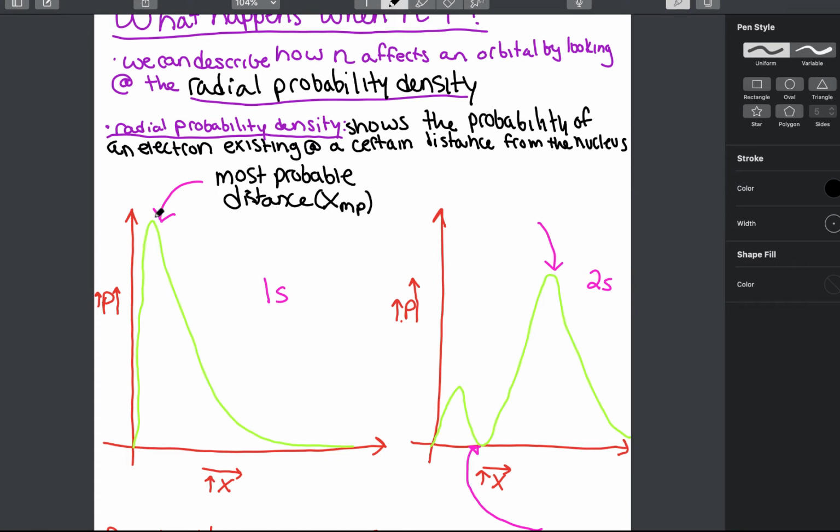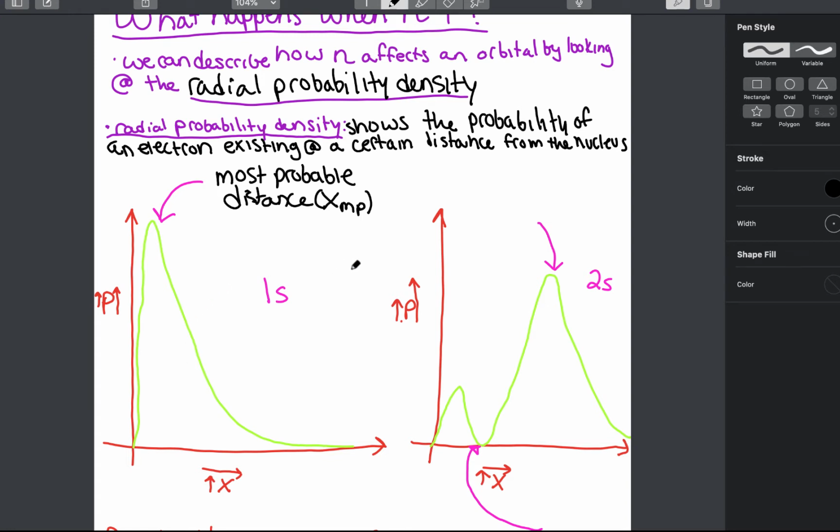So this is the most probable distance from the nucleus that a 1s orbital can exist. So as you can see here, the most probable distance associated with the 1s orbital is very, very close to the nucleus. So the most probable distance for a 1s orbital is very close to the nucleus.